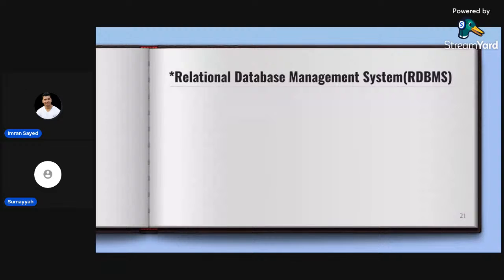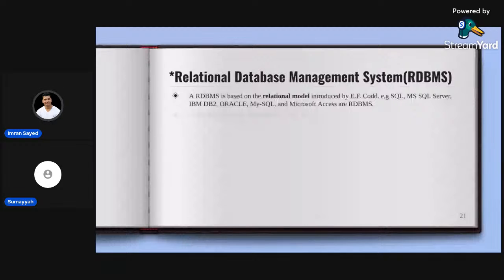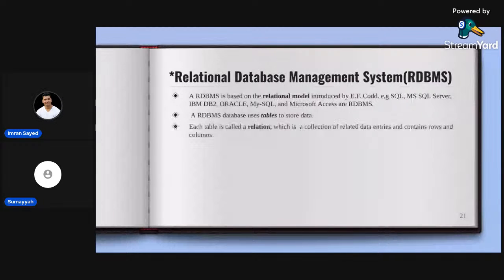And there is a concept of a relation. Each relation is a real world entity, for example a person, place, object, things like that. It uses tables to store data. Each table is a relation, a collection of related entries containing rows and columns. Each table represents some real world object such as a person, place, or event about which information is collected.